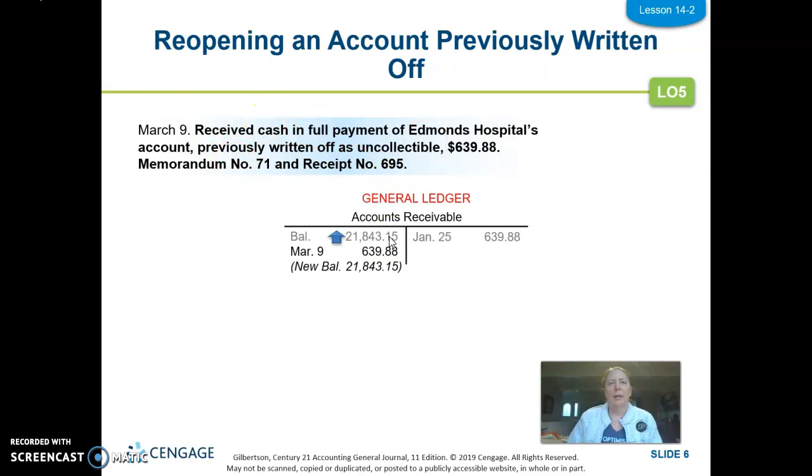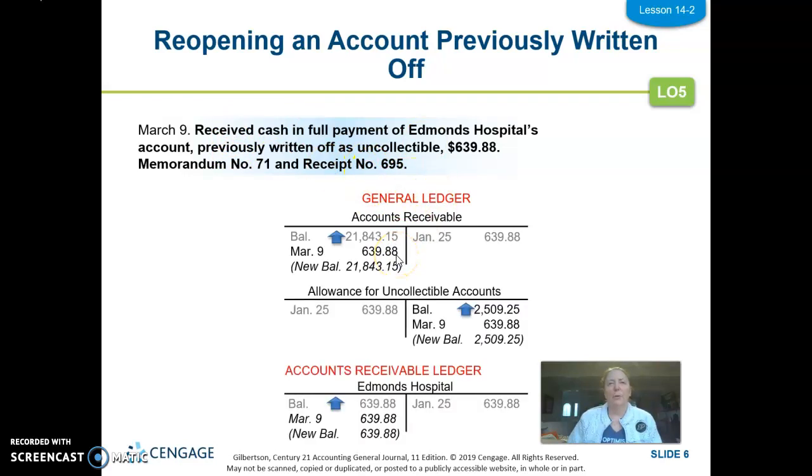Memo 71, and the receipt showing that we did it. So what do we do in this case? We're crediting the allowance and we're debiting the receivable. So we're basically reopening or reinstating that balance.